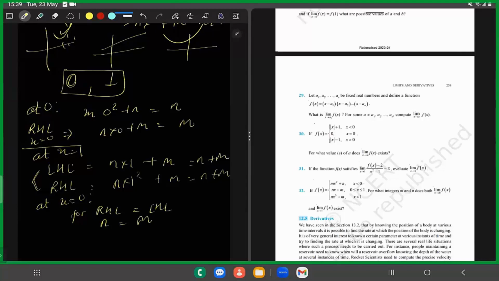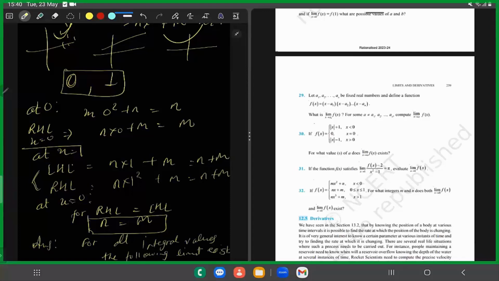So we can simply say that for this condition, both the limits will always exist. So our final answer would be for all integral values, the limit always exists.